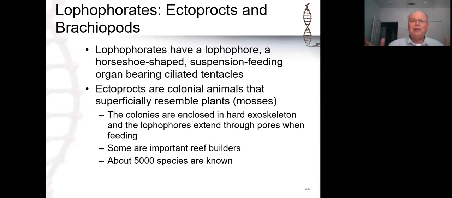And then the lophophores extend out of it. So they look a little bit like a marine mossy arrangement. And these are also reef builders, but of non-coralline reefs, meaning reefs that do not include coral polyps.